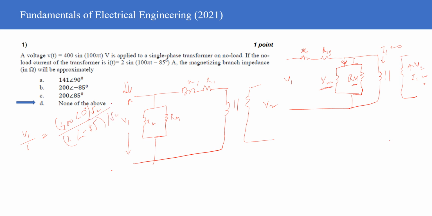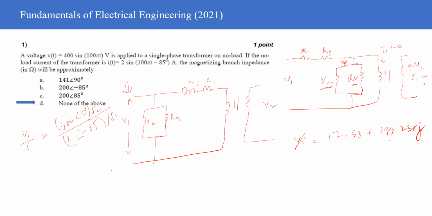The root 2 and root 2 are going to cancel out and you will be left with V by I equal to 400 divided by 2 at an angle of minus 85. So it's equal to 17.43 plus 199.238 j, or I, whatever you feel like calling it, right?